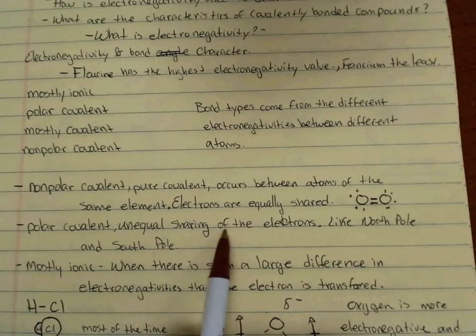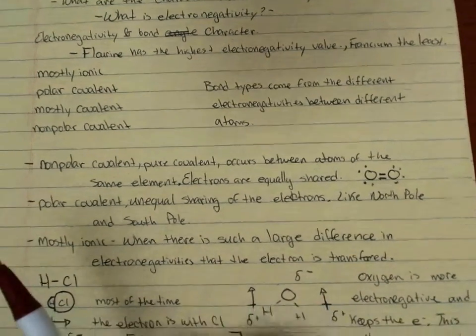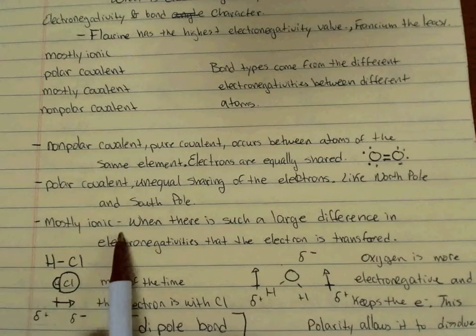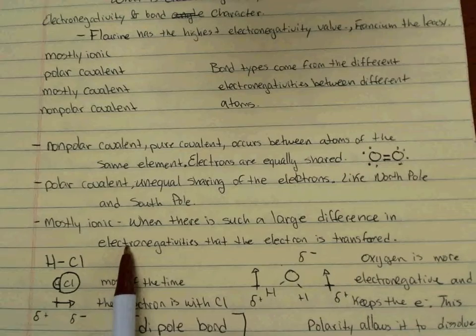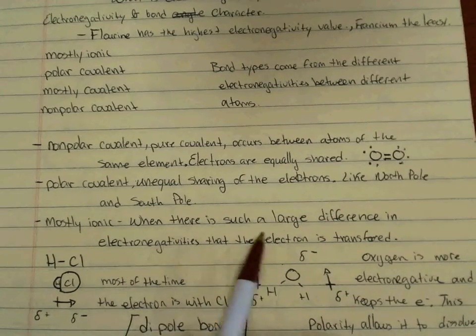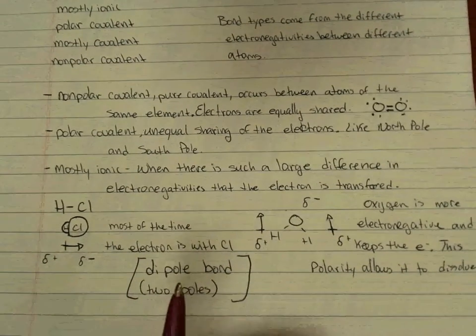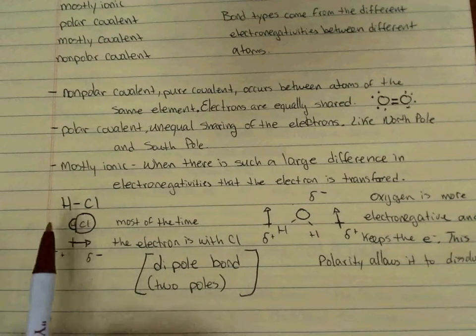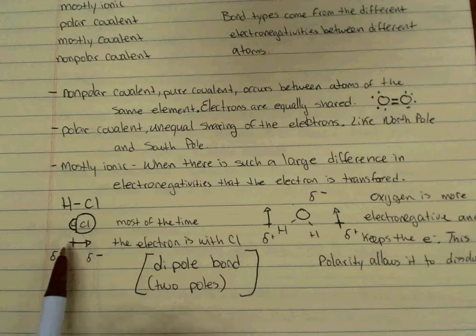Polar covalent, we have unequal sharing of electrons, like a north pole and a south pole. And then we'll do some examples with that later. We have mostly ionic, where there's such a large difference in electronegativities that the electron is transferred for all intents and purposes. So let's look at this. We have HCl.